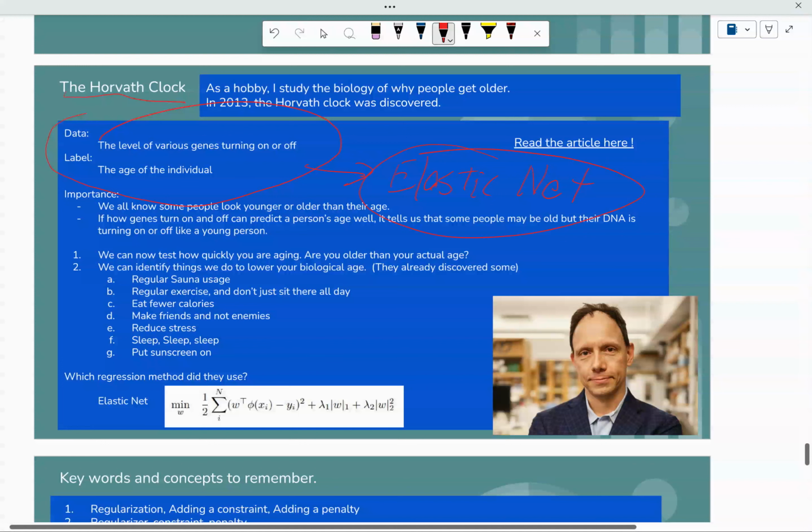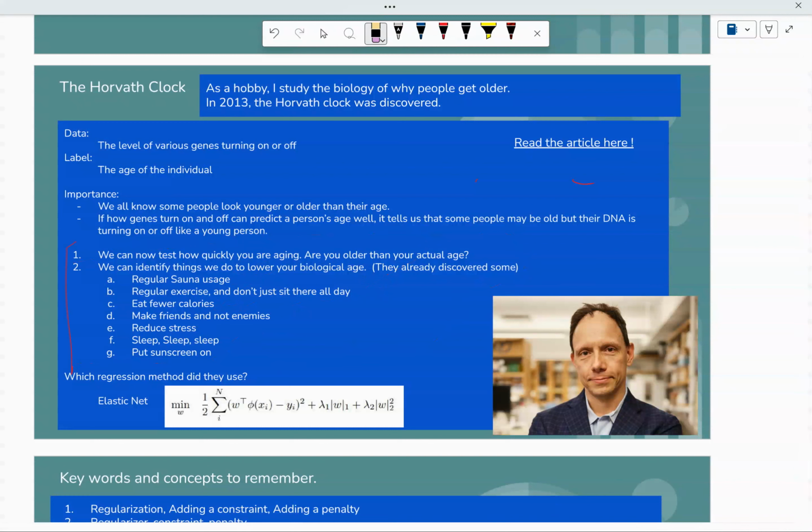Now, at this point, we've already discovered a lot of things we could do to slow down the biology of aging, such as regular sauna use, regular exercise, don't sit around all day, eat less, make friends, reduce stress, sleep, put sunscreen on. All these things have been studied, and these are the recommendations if you want to slow down how quickly you're aging.